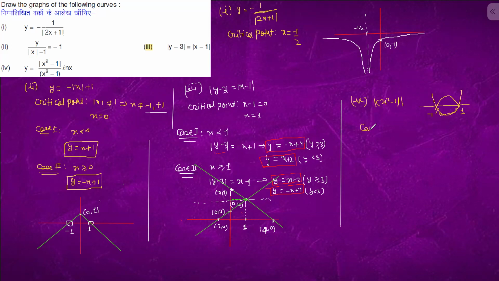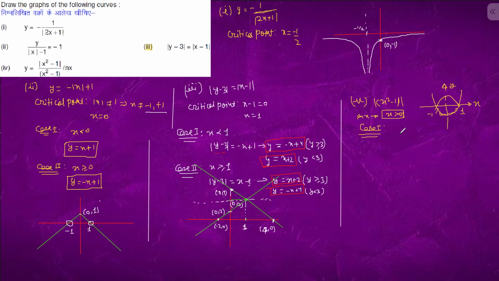So case 1, we have this coordinate axis y and x. We are given ln x, so x should be bigger than 0. In case of ln x, x should be bigger than 0.